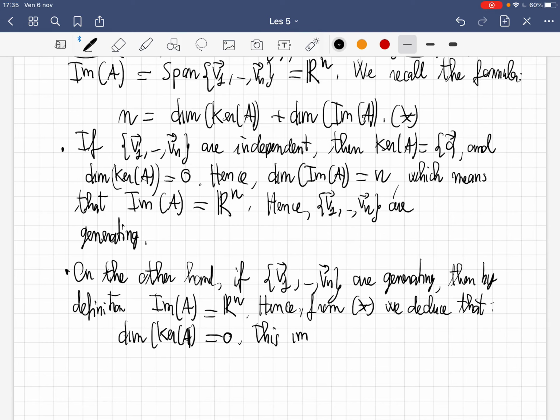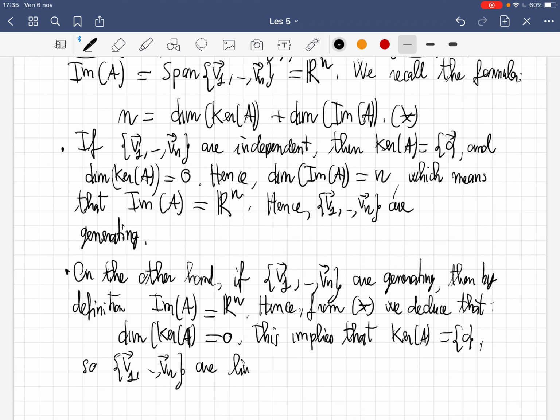This implies, and this is also something that one should check, but let's pretend we know this, that the kernel of A is just the zero subspace. So this is by definition the linear independence.